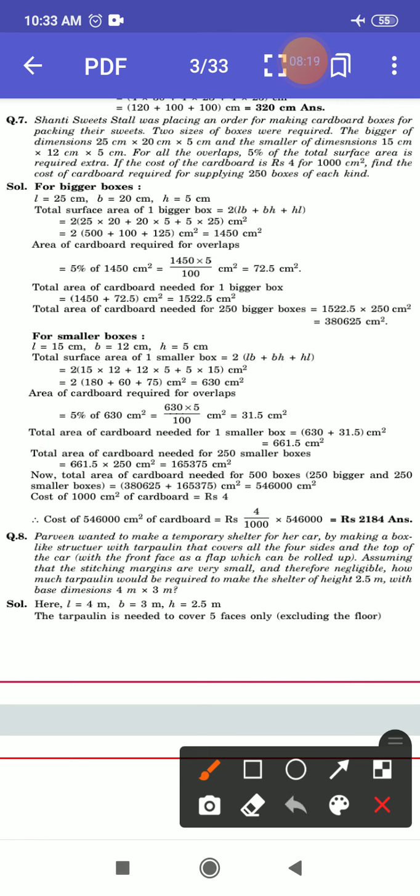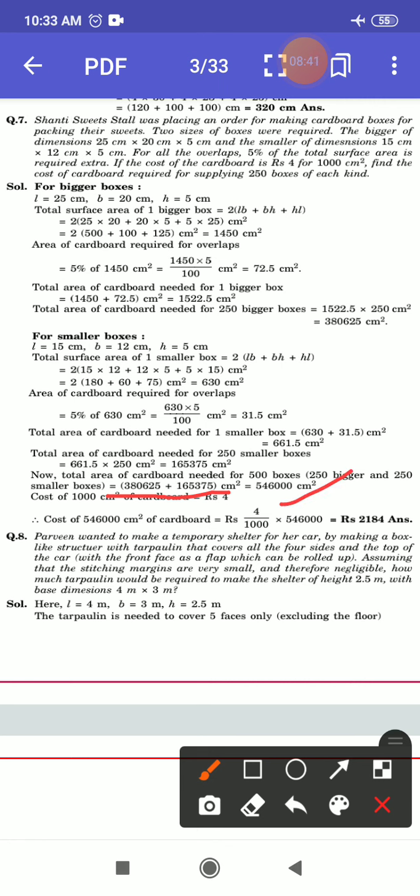But you have to find the value of total cardboard for the smallest and the biggest boxes. So you have to add these values, the big box total cardboard and the smallest boxes total cardboard, and then find the value.